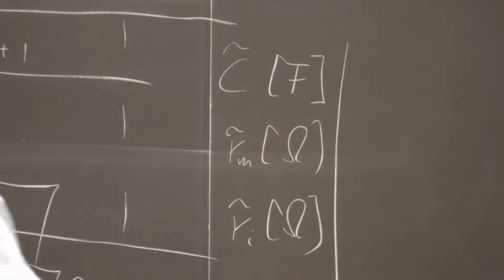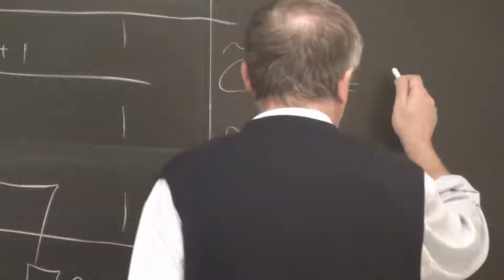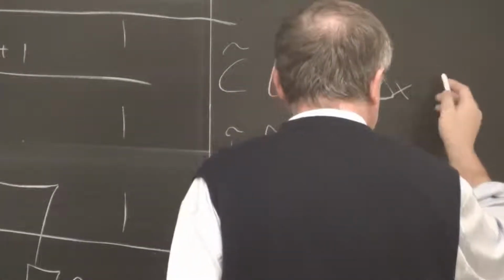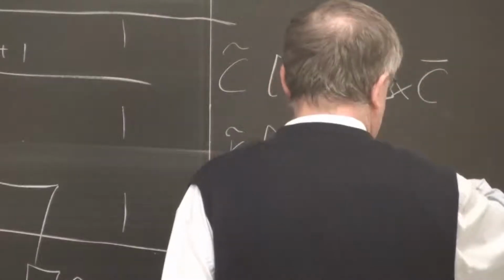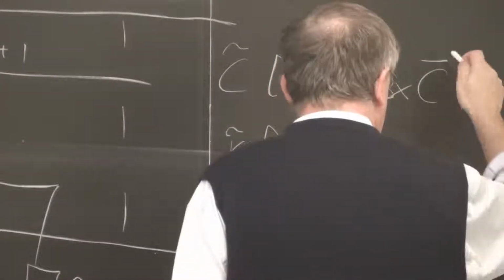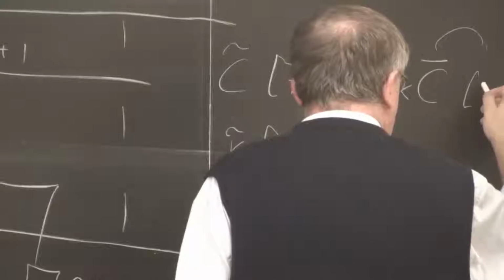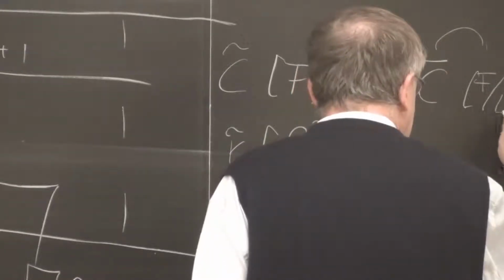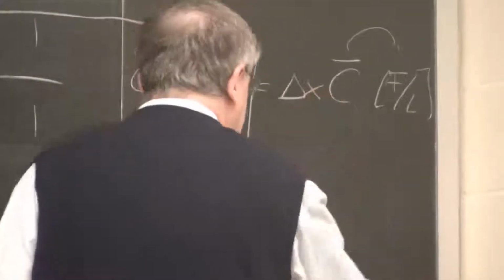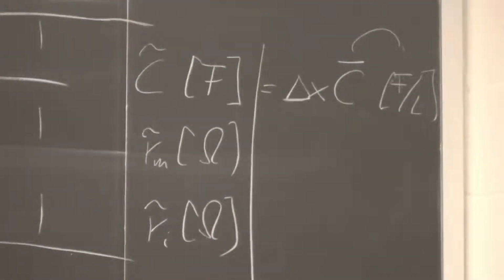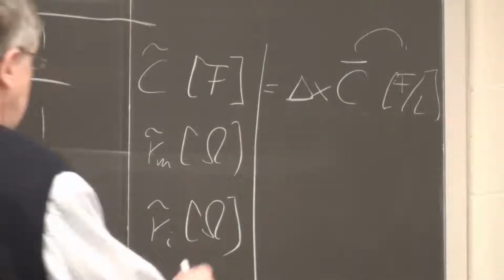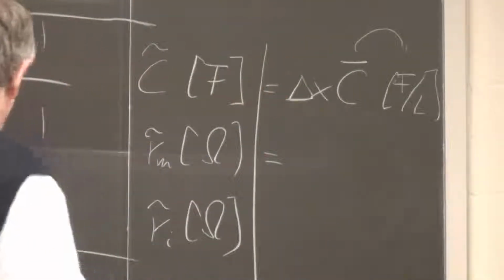And so what I'm getting here is, this is equal to delta x times C bar, where this has the units farad over length. Because times delta x, it becomes farad, like the unit of a capacitance.